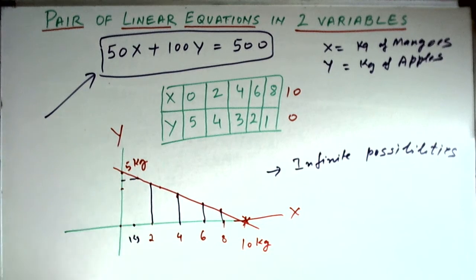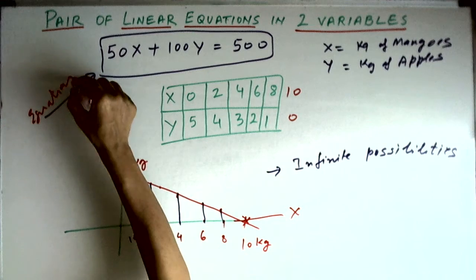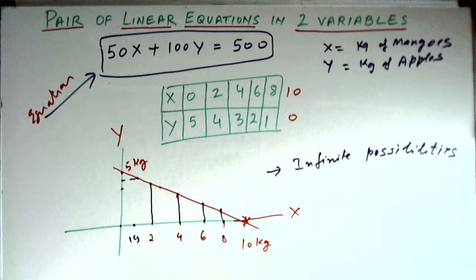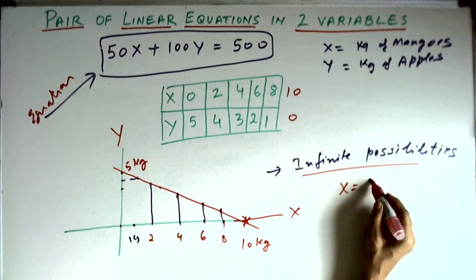So we have only one equation, and for this equation infinite possibilities will satisfy. But suppose we have another equation where x is equal to 3y.